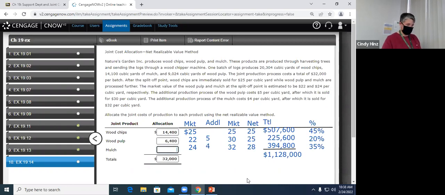And the mulch is going to get 35%. As I suggested, I would recommend that you follow a setup like what you'll find in your book to set up the table so that you can think through each one of these steps.